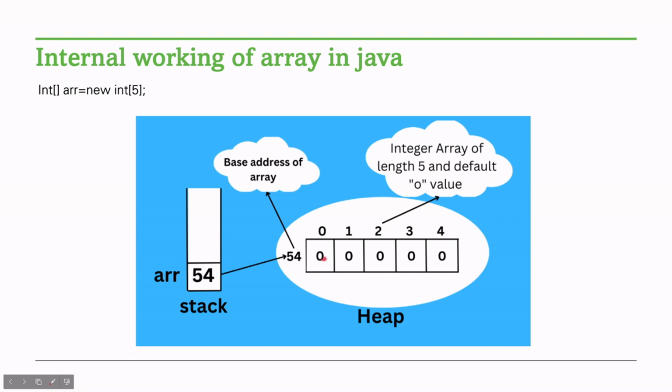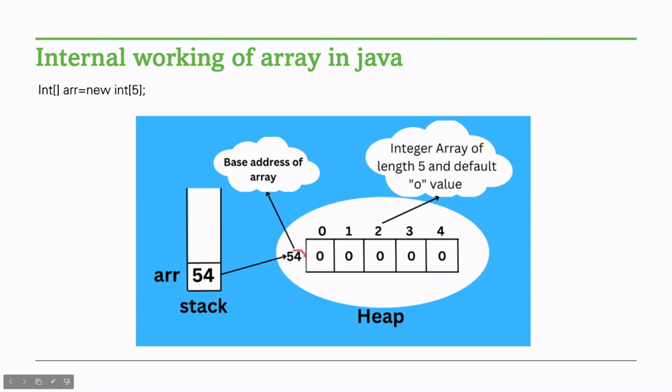In integer, the default value is 0. So each block has a 0 value. Now here the 0, 1, 2, 3, 4 are the indexes of the array. This won't be stored, but I have written this here to understand arrays, right?